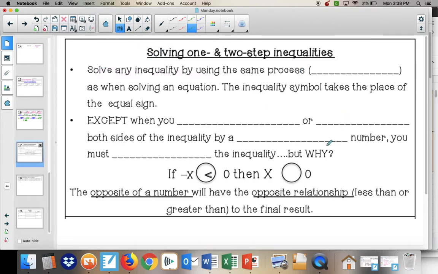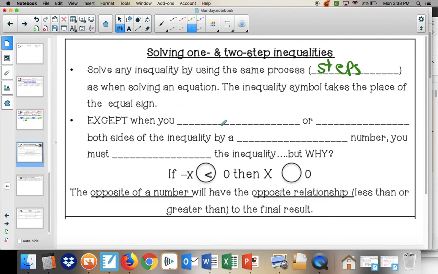So the very bottom is just going through some steps here. Solve any inequality by using the same process, the same steps, as you do with equations. So balancing, combining, distributing, all that stuff. The inequality symbol takes the place of the equal sign.